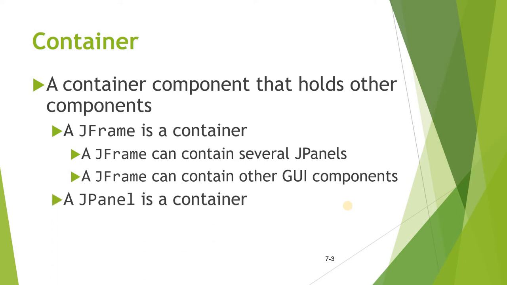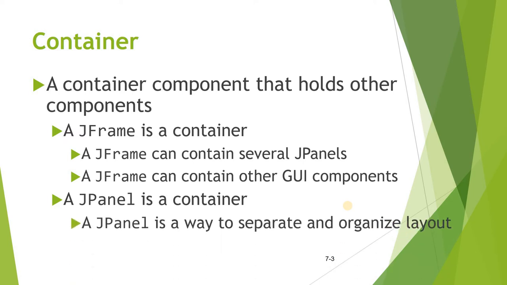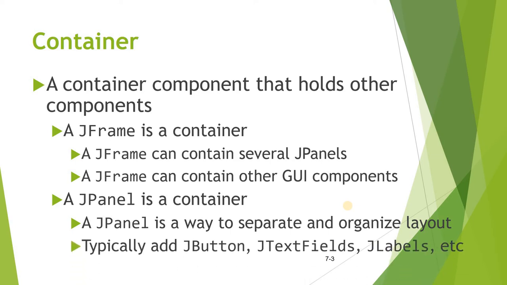As I mentioned, a JPanel is another container, and it's just a different way to separate and organize layout. We'll use something called a layout manager. There are several. You can read about them in chapters 12 and 13. Again, highly recommended reading for you.